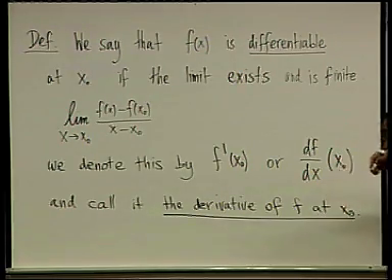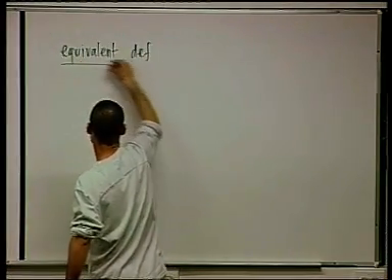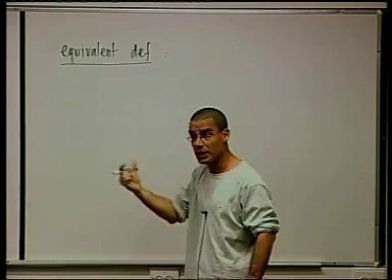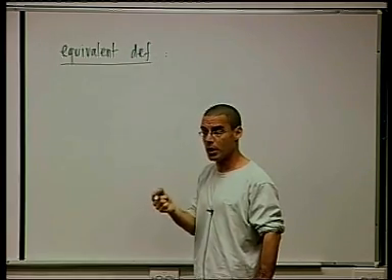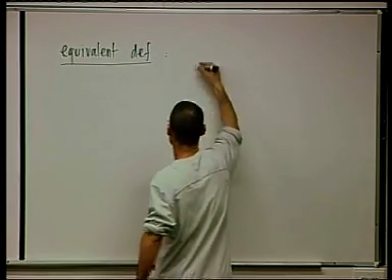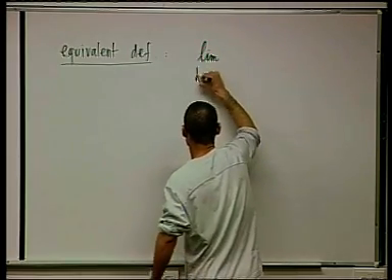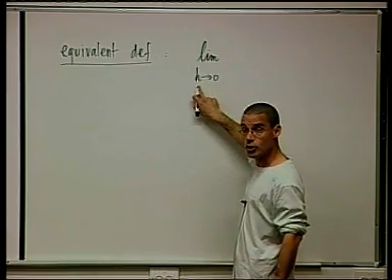There is an equivalent definition. I'm not going to write all the words again. I'm just going to write the limit, but in a slightly different way. And I'm going to show you in a minute why it's actually the same thing. So you can replace that limit we wrote there by the following limit. For some reason it's customary to take h here.